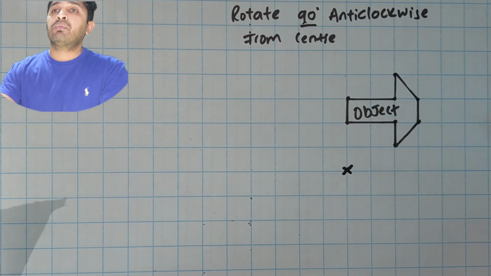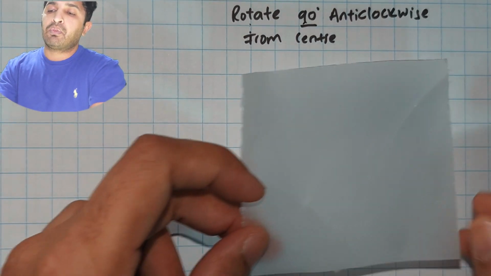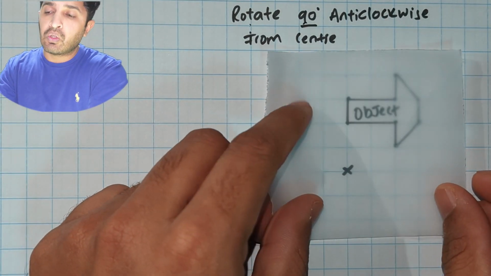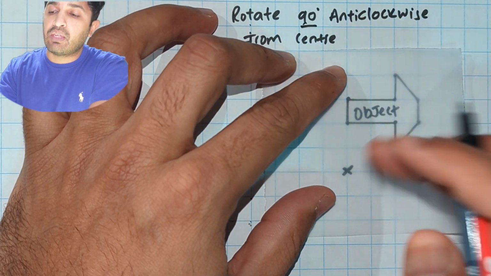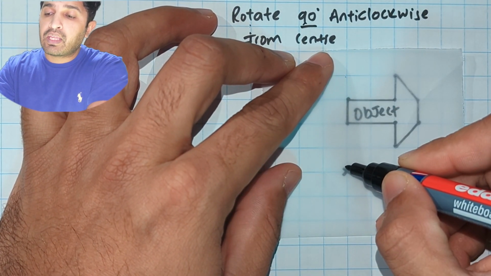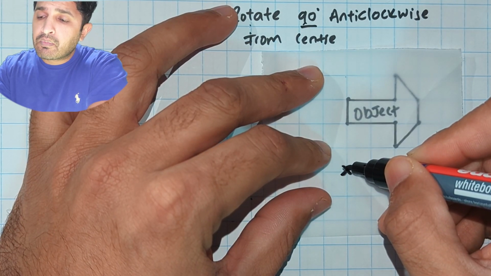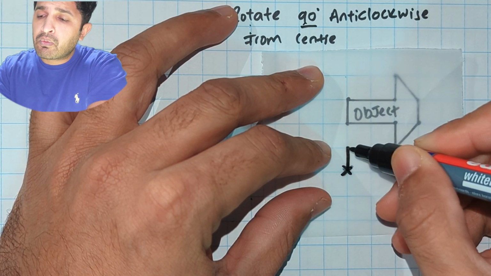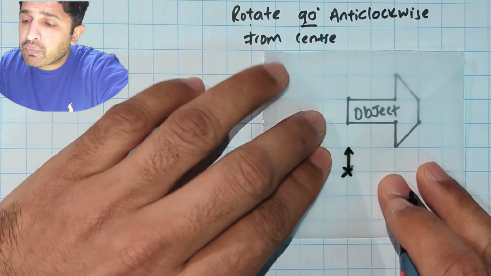Okay. So the first thing we need to do when you're rotating a shape is put the tracing paper over the shape and the center. Make sure you cover the center and the shape. So I'm going to mark the center first. I'm going to draw a line or arrow pointing up the page. We can do it sideways as well.